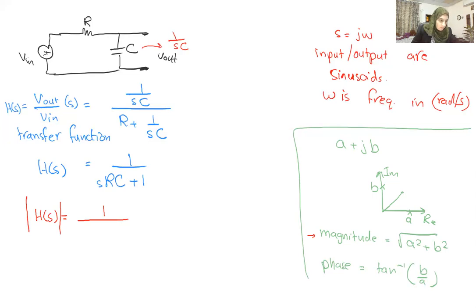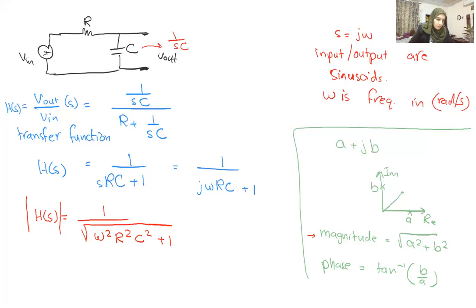And for the denominator, let's write it here, replacing the s with j omega: j omega RC plus 1. So now we have it in the form of a complex number. So it will be the square root of omega squared R squared C squared plus 1, all of it under the square root.